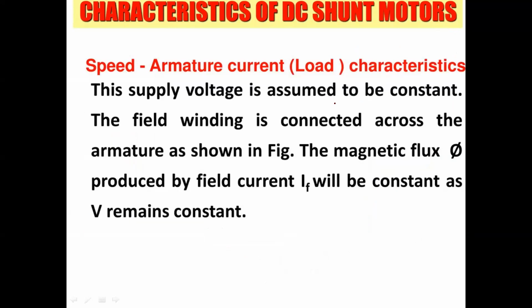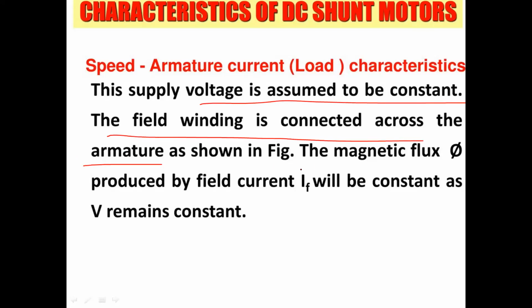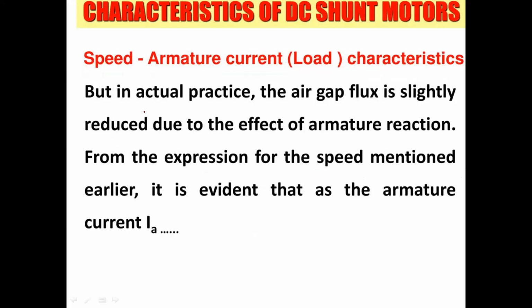The field winding is connected across the armature, so the field supply is also constant, and the magnetic flux produced by the field is also constant. But actually the air gap flux is slightly reduced due to the effect of armature reaction. Flux is constant in a shunt motor because field current does not depend upon load.